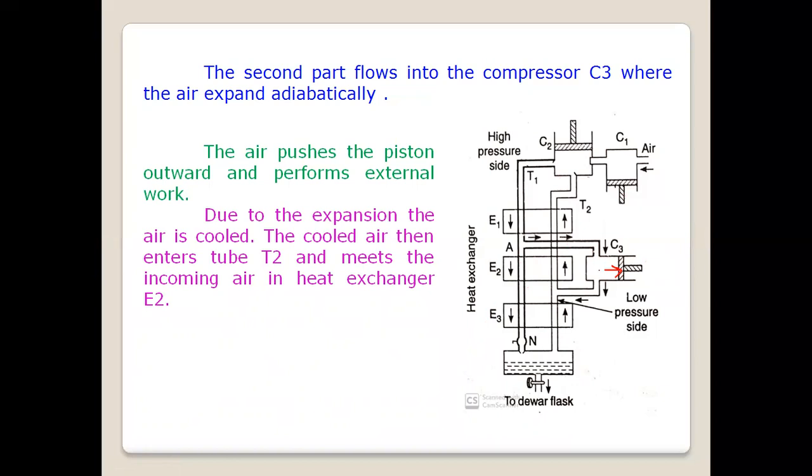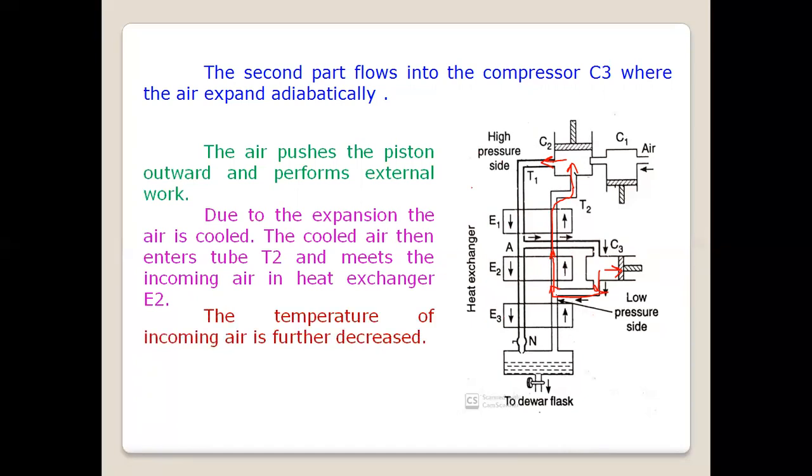This cooled air enters tube T2 and moves upwards to the compressor, where once again we apply 40 atmospheric pressure, and it passes through T1 again. This is the principle of regenerative cooling we are applying: again and again it passes through heat exchangers E1, E2 and E3, and its temperature decreases.